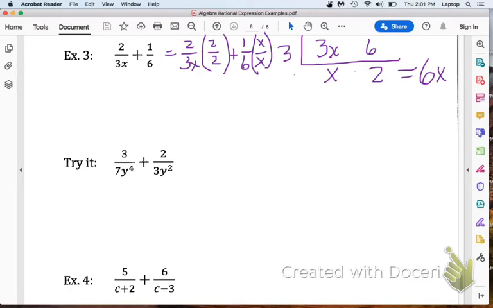So I'll rewrite these as 4 over 6x plus x over 6x. Now I'm adding 4 plus x over a common denominator of 6x.